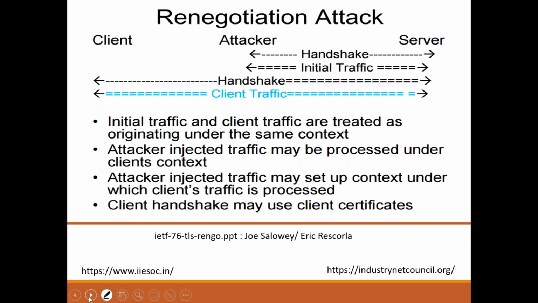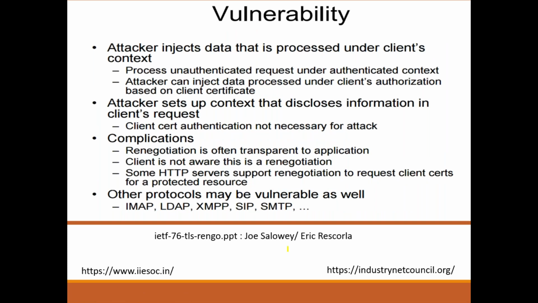And so this extension is there to help prevent that kind of thing. And so that's why we have this vulnerability, is that the attacker can then inject data to you.